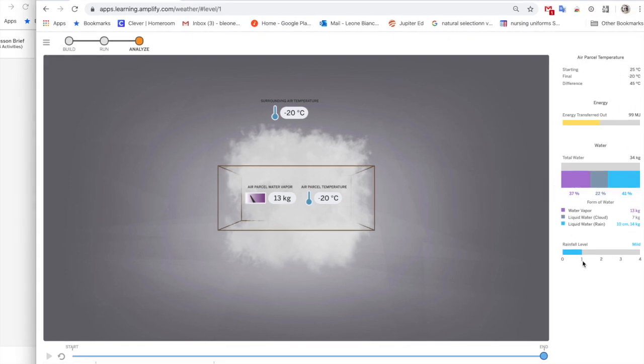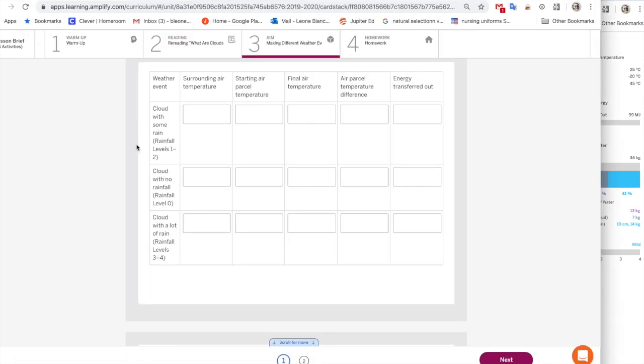Here we have a rainfall of 1, which is mild, which is a standard rainfall. The starting surrounding air was negative 20 degrees Celsius. And the air vapor, or the parcel of air that was coming into that atmosphere, was 25 degrees positive.